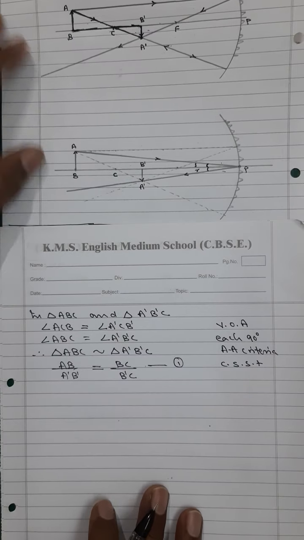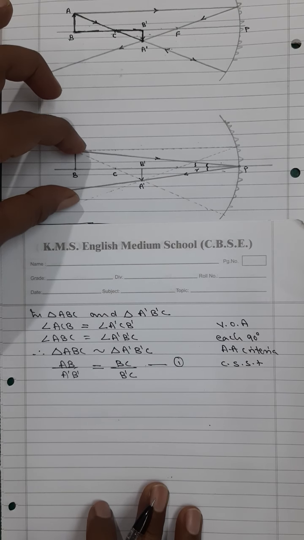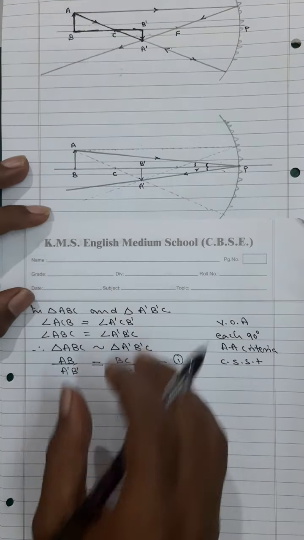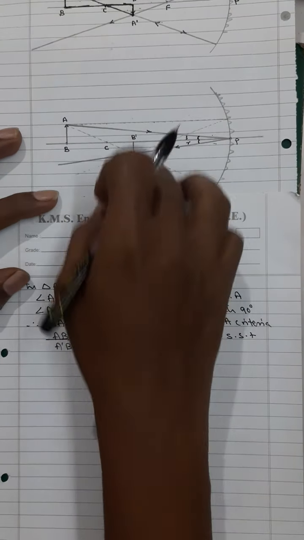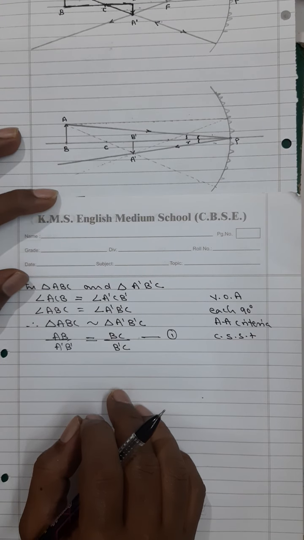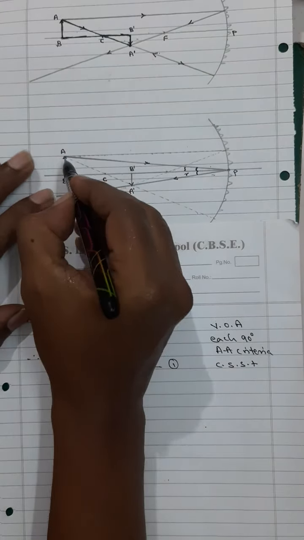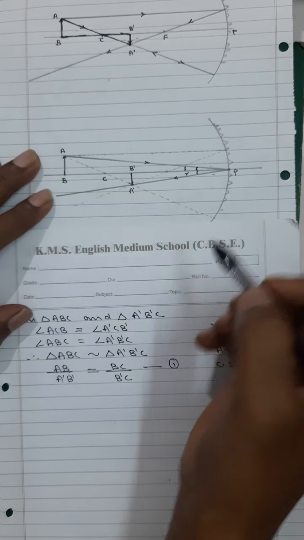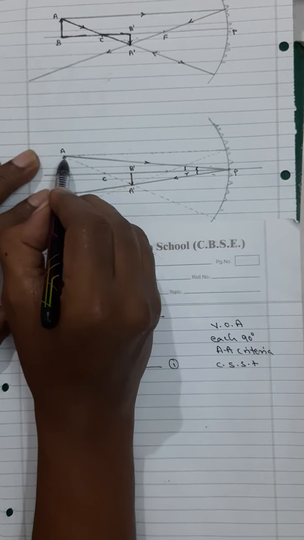Similarly, you have to consider this another group. This could have been drawn over here again, but then this would have mixed lots of things together. But when you are drawing in the exam, you can draw both the diagrams together. In this case, because of object and because of image, two triangles are formed.